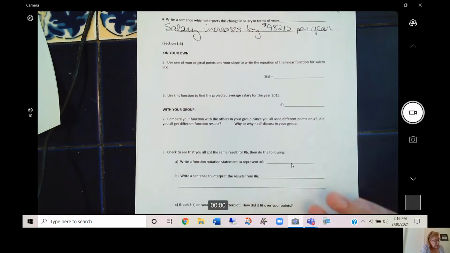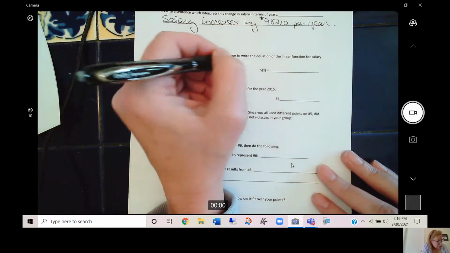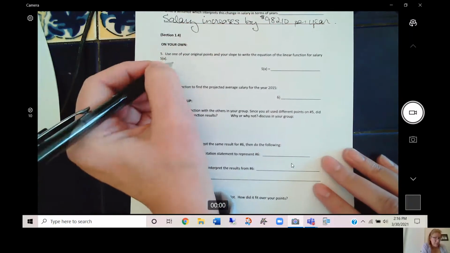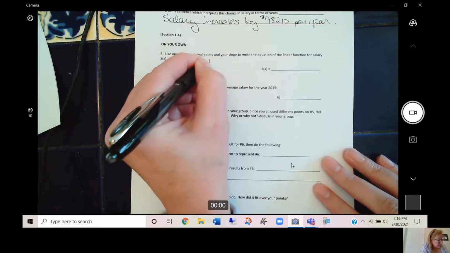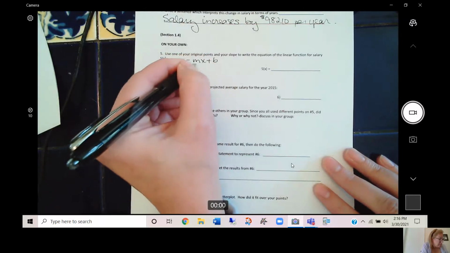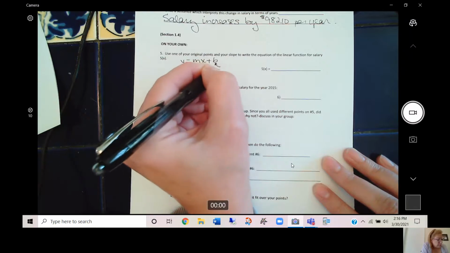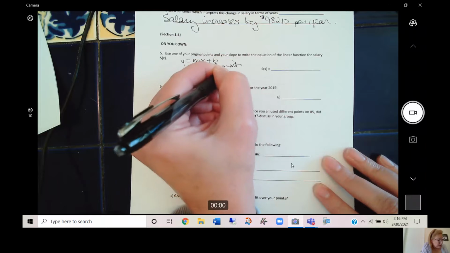Okay, so now it says use one of your original points and your slope to write the equation of the linear function for salary. Okay, so remember a linear function looks like mx plus b, slope, you know that. Your y-intercept in a model like this is also your initial value.